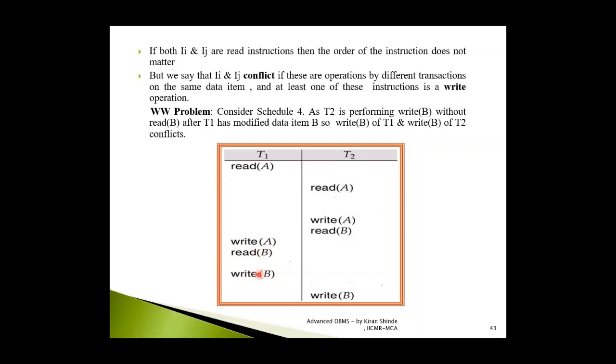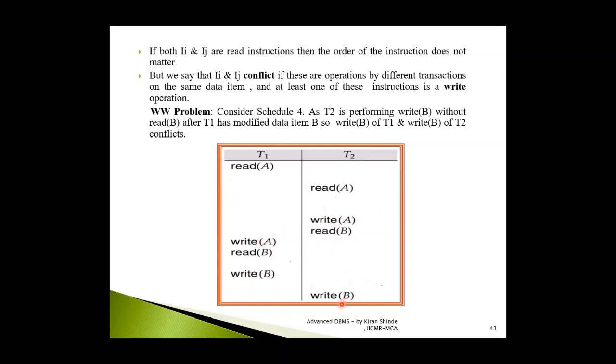After its modification, that value is not read by transaction T2; rather, T2 modifies the same data item B. So as mentioned, T2 is performing write B without read B after T1 has modified data item B. Write B of T1 and write B of T2 are conflicting, because after B is modified, T2 modifies the same data item again. The same holds for write A executed by T2 and then modified again by T1.